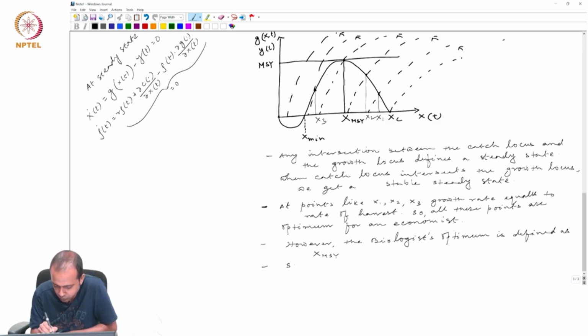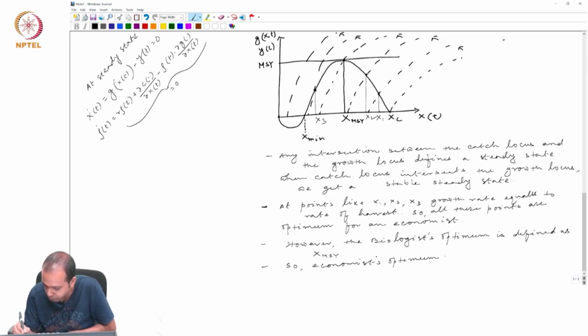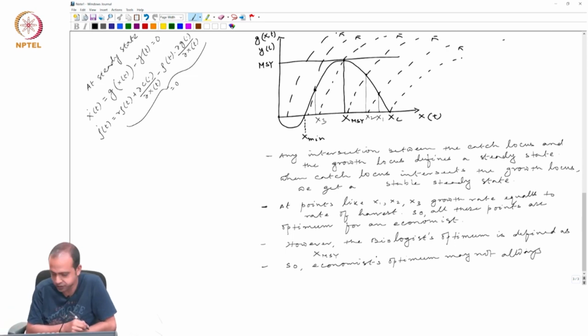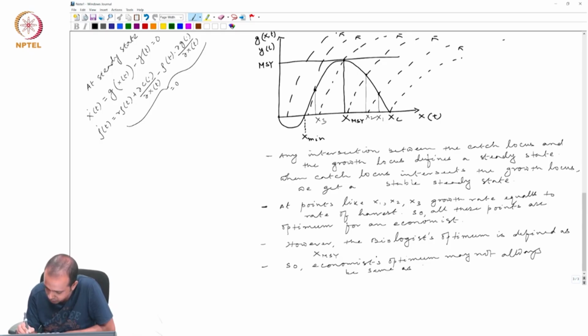So, the economist's optimum may not always be the same as the biologist optimum.